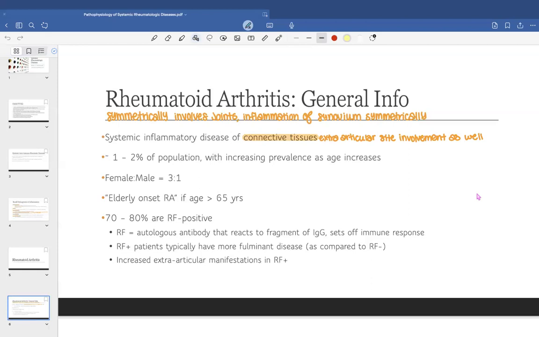Rheumatoid factor is a very specific factor, antigen slash antibody, okay, or in this case, it's an antibody to an antigen, and that will be present in the serum of patients with rheumatoid arthritis. So 70 to 80% will be RF positive, and this particular antibody reacts to a specific fragment of IgG, our own immunoglobulin, which triggers this immune response.